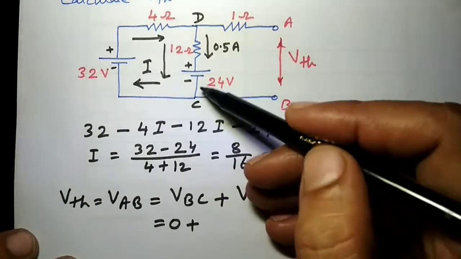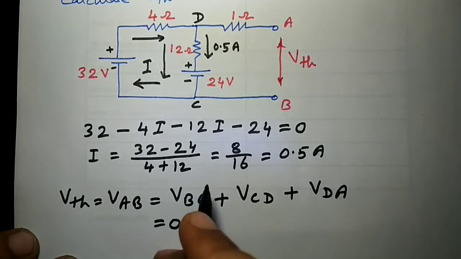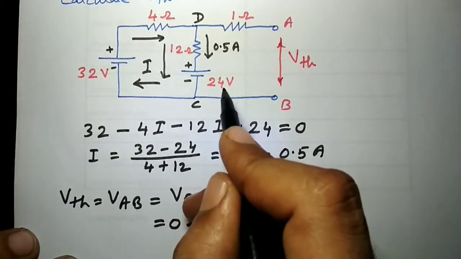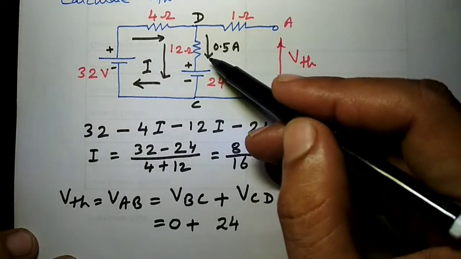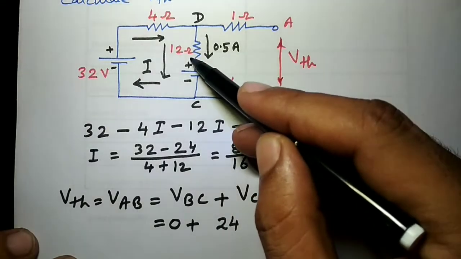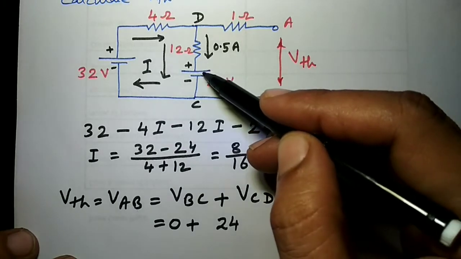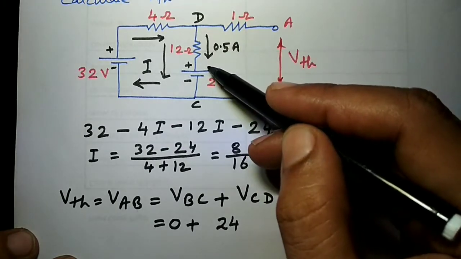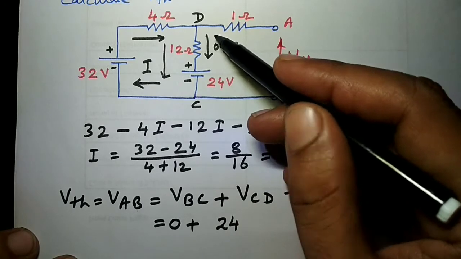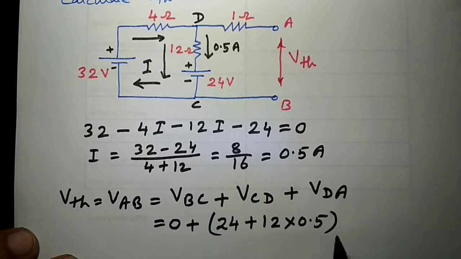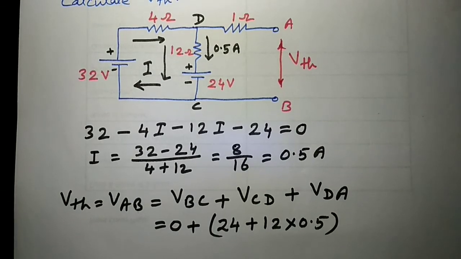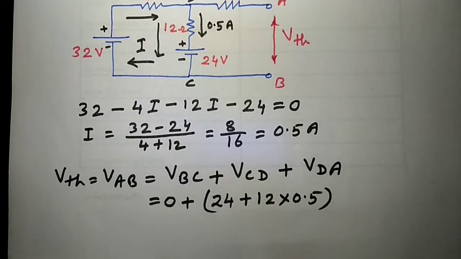Then from C to D, first of all you have to consider the voltage source, that is 24 volt. Then you have to consider the voltage drop in 12 ohm resistance. As we move upward, that means we are going in the opposite direction of the current, so it will be taken as positive. So plus 12 into 0.5. So this value is the voltage drop across C and D. It is a potential difference across C and D.